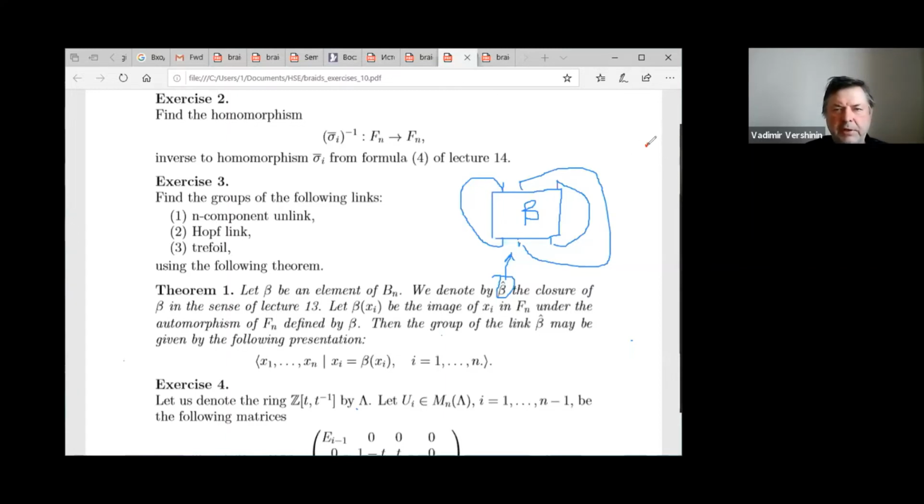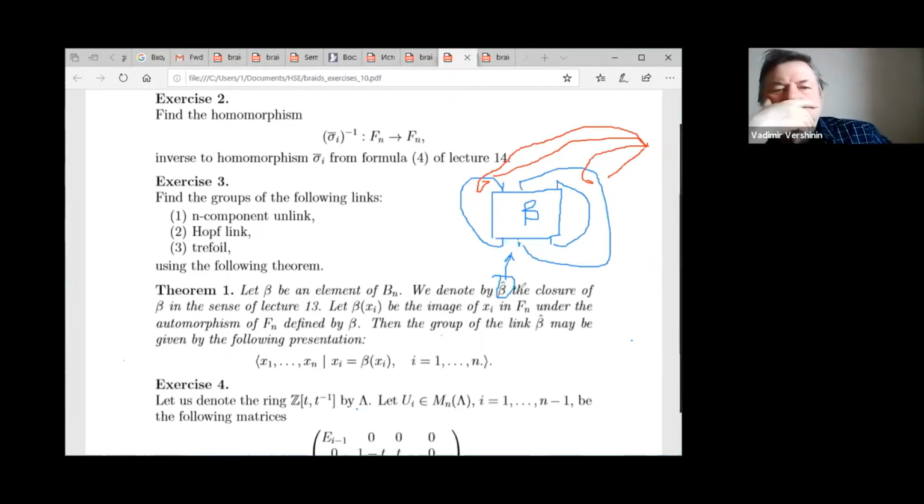So we take a point somewhere outside and we consider the fundamental group of this object, which is obtained by the braid beta.